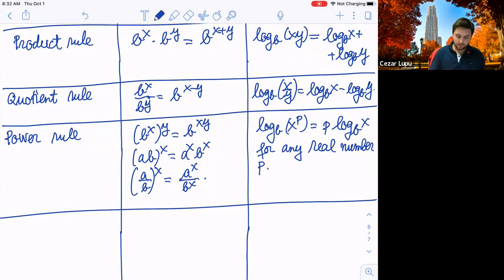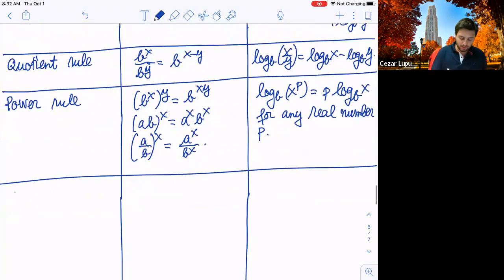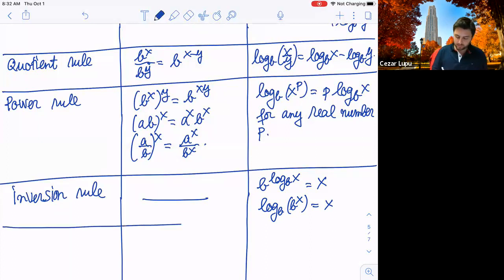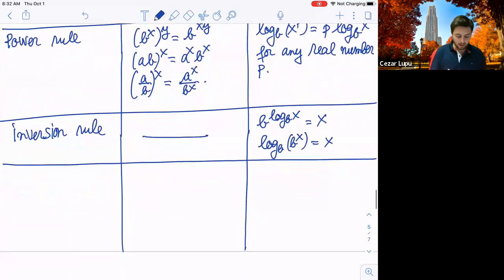Okay, now we have two more rules. So let's say the inversion rule. And here, well, we don't have anything for exponential, but we have for logarithms: b to the power log in base b of x will be x, or log in base b of b to the power x, let's write it in this way, will be again x. And also, we would like to see what happens to some special values.